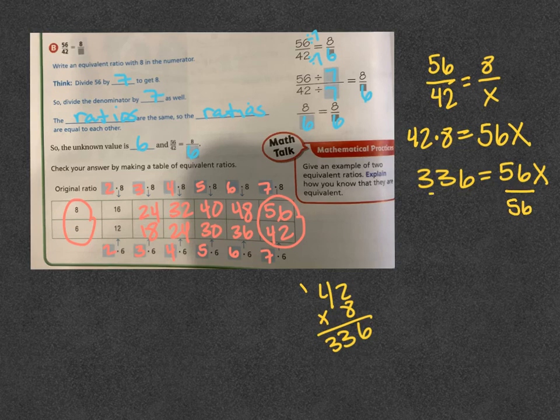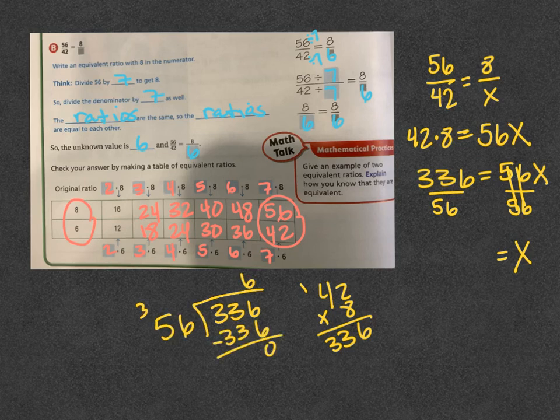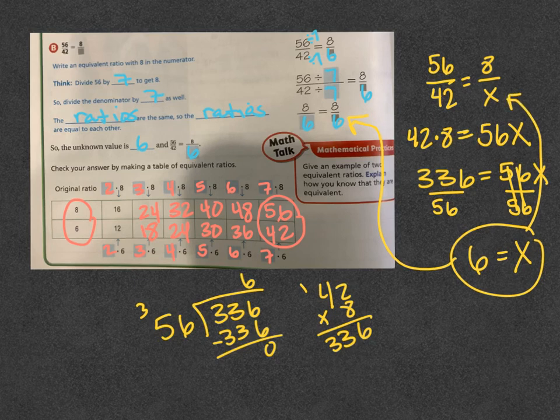I'm only allowed to do that because I promised to do that to both sides of the equation. 56 divided by 56 is 1, so that leaves me with just that one x there. And now I just need to divide 336 divided by 56. And I will get 6. So x equals 6. So it gave me the same bit of information there as well. The unknown amount is 6, so I get an 8:6 ratio.